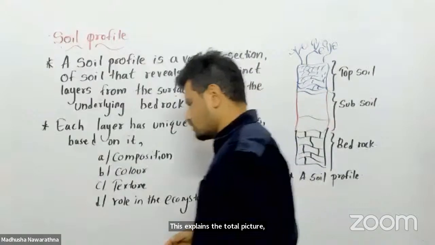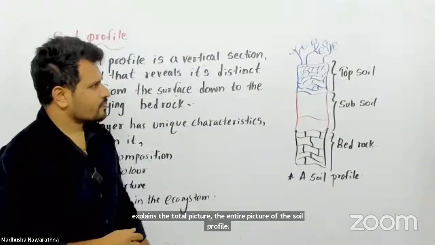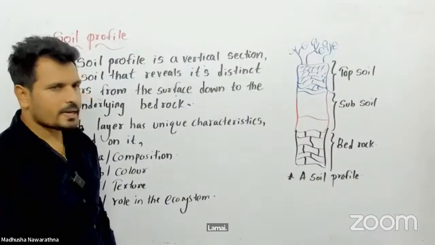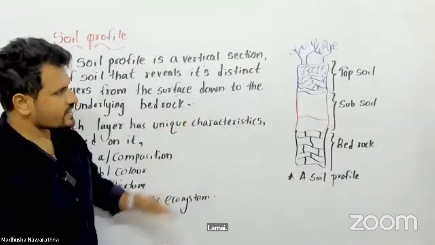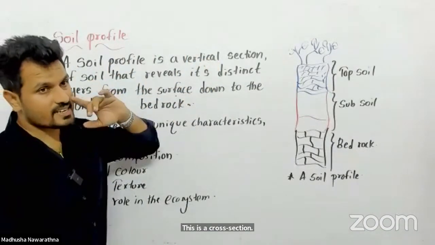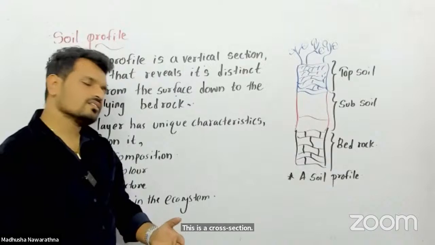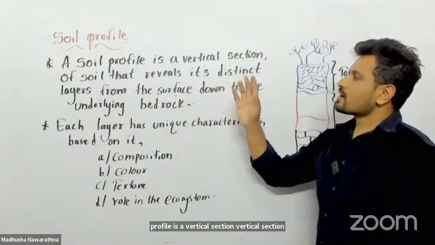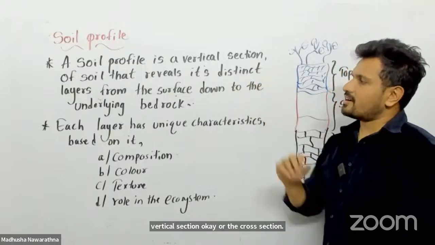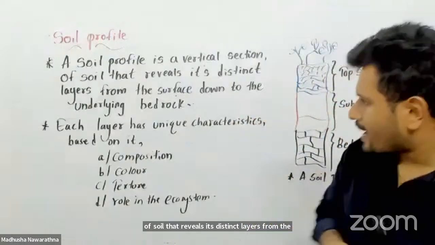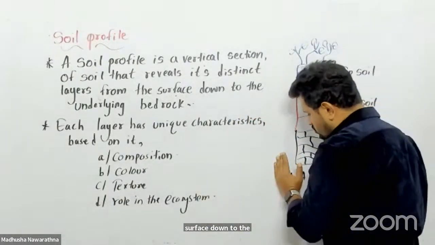Right. Children, if you sit on the ground and look like that, you can't see this. This is a cross section. A profile is a vertical section, or the cross section of soil that reveals its distinct layers from the surface down to the underlying bedrock.